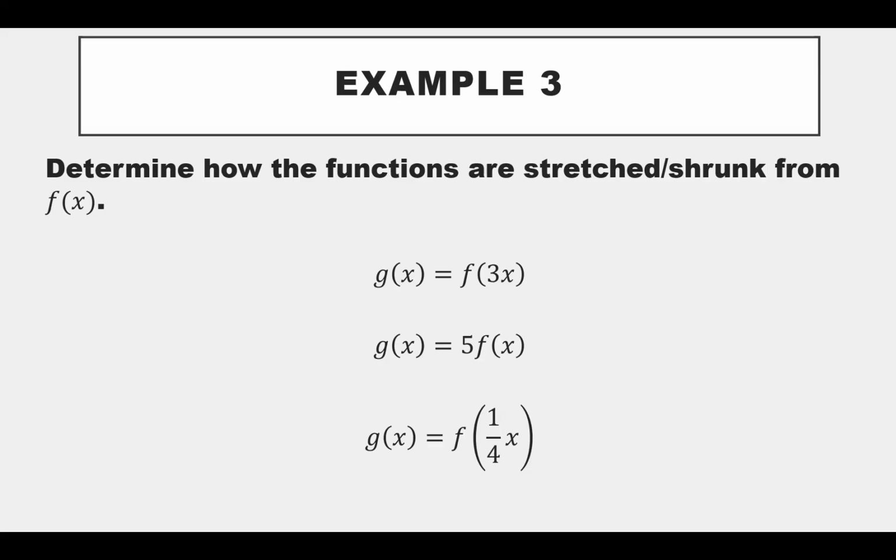How are those functions stretched or shrunk from my original f of x? If you want to push pause on the video, you can do that now, and I will give a couple of seconds if you'd like to do that.